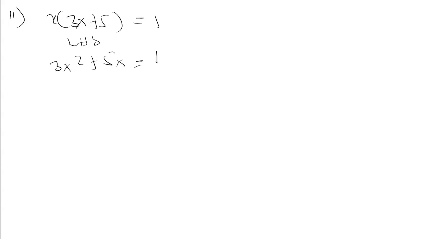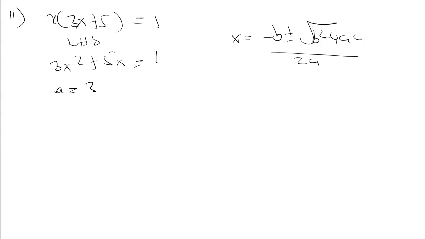I'll remind you that the quadratic formula is x equals -b plus or minus the square root of b squared minus 4ac, over 2a. Let's identify a equals 3, b equals 5, and c equals -1.